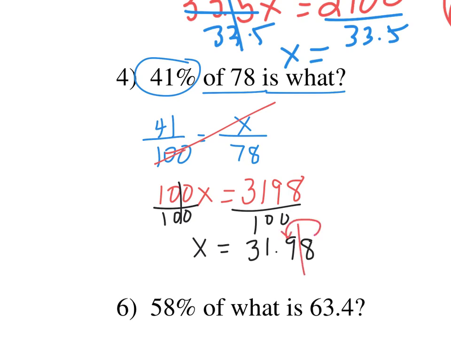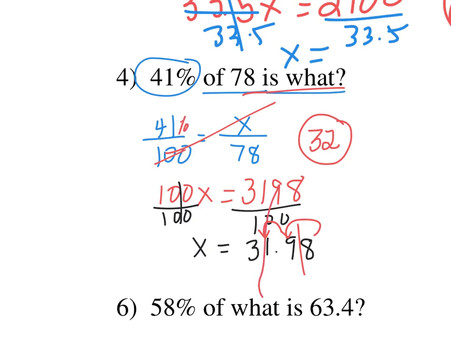The 8 rounds the 9 to a 10, which rounds the 31 to a 32. So it's going to be 32. That's the value, because it doesn't say anything else about the numbers. It's not a percent because 41 was the percent.